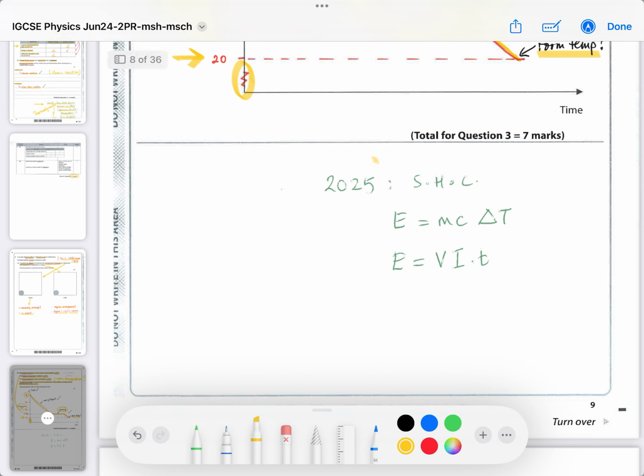So I think in 2025, from this topic, they will ask you about specific heat capacity in some respect. And that's the equation energy input, or delta Q sometimes, equals the mass times the specific heat capacity times the temperature change.